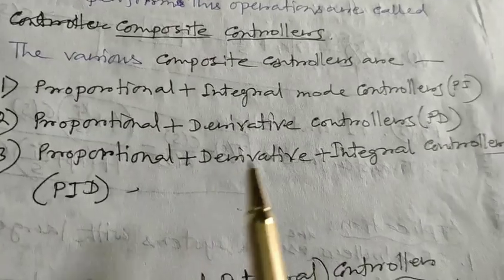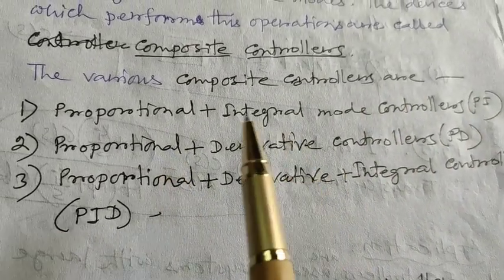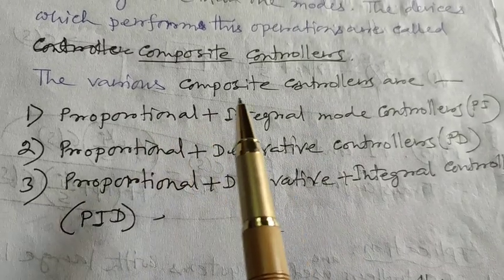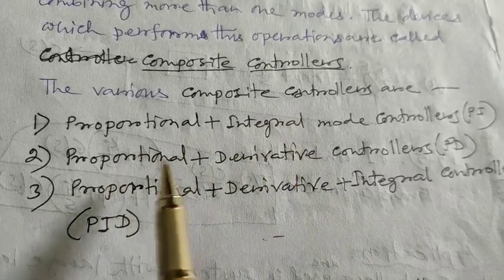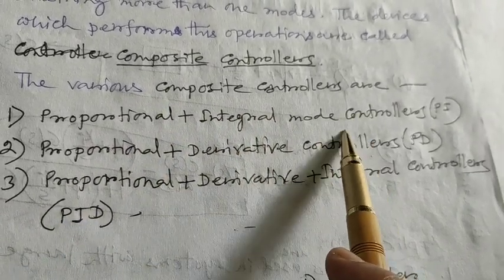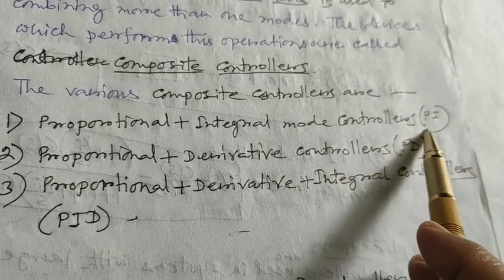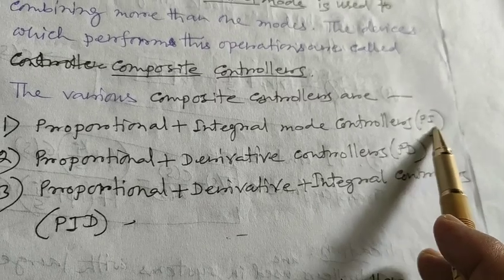So there are various composite controllers: proportional and integral, the proportional controller and integral controller both combined are called proportional plus integral mode controllers, in short known as PI controller.